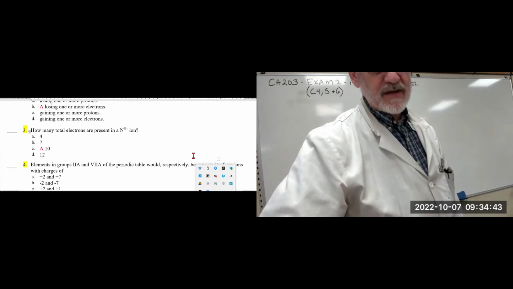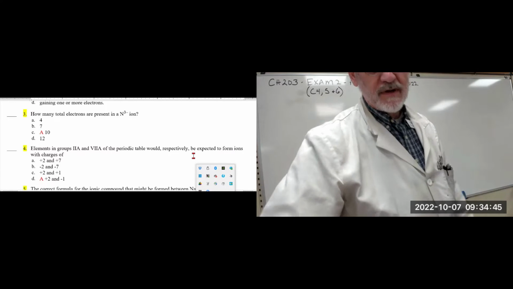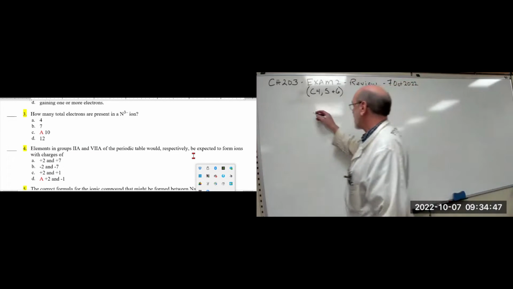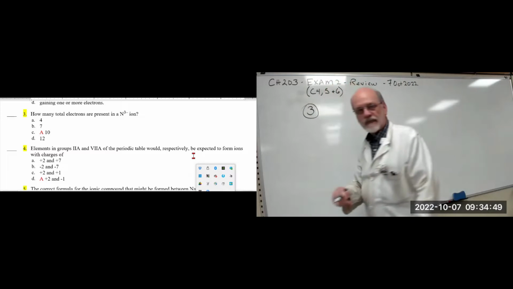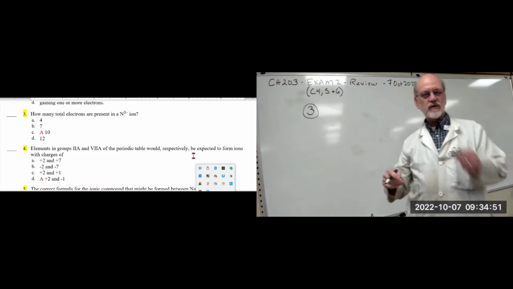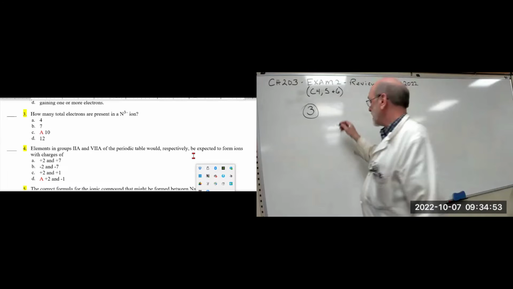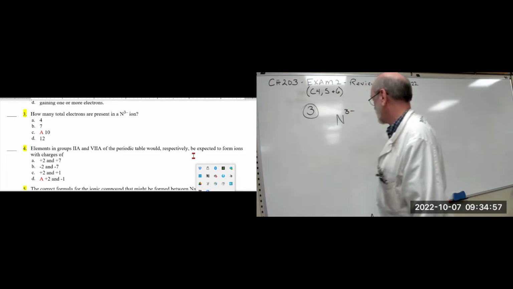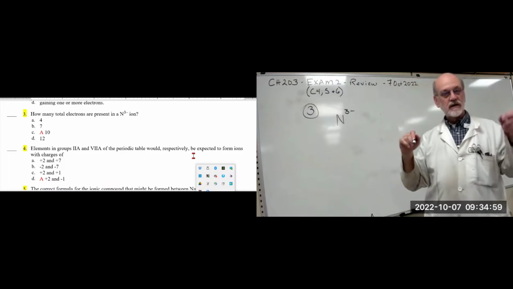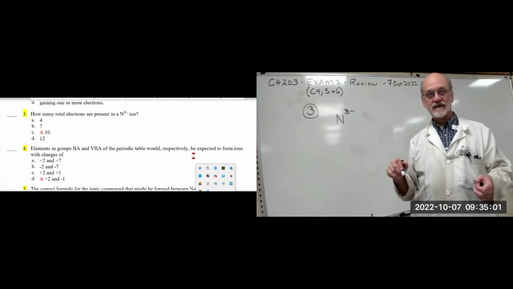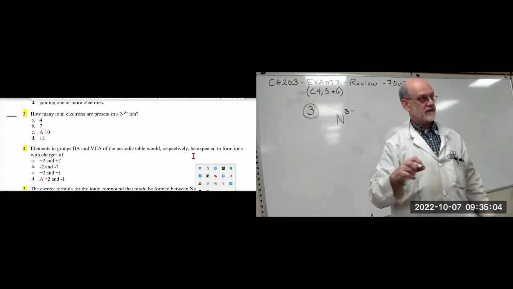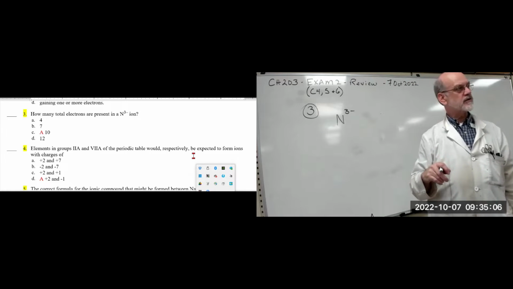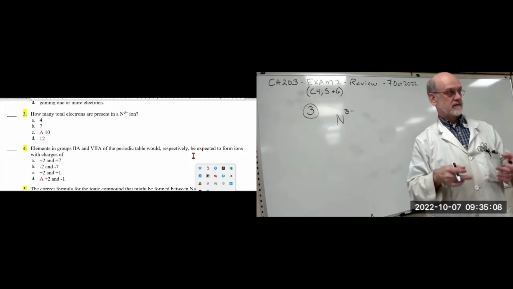All right, so let's see if I can scroll up. Number 3. How many total electrons are present in this ion? How many total electrons, right? Watch every word in the question. Well, how many electrons do you start with when it's neutral?